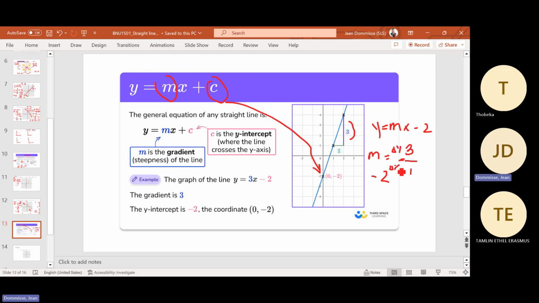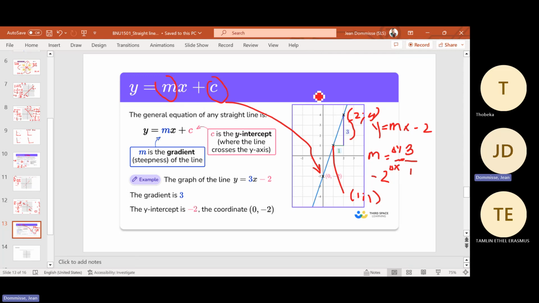You could have used that point as well, which is 2 and 4, or that point, which is 1 and 1. So let's just do that as well so that you can see the other ways.